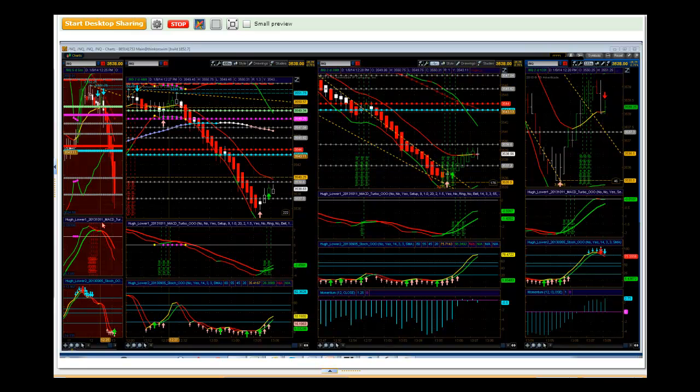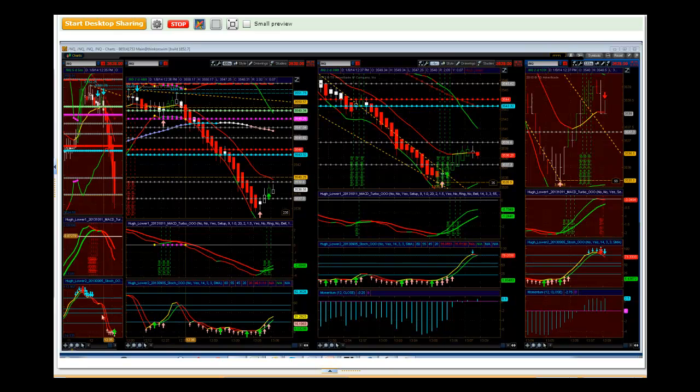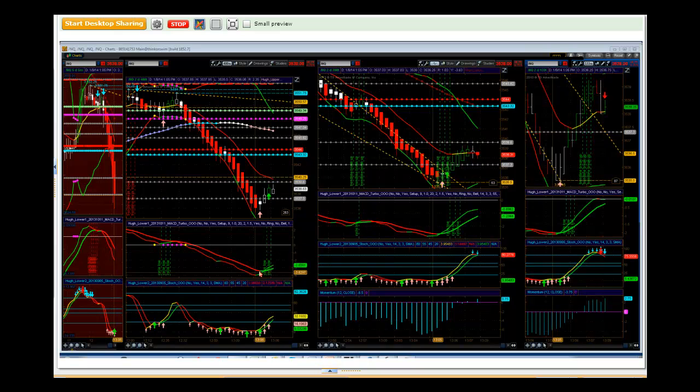Now right now, my anchor time frame is this far left chart, which is our 5-minute time frame. Our lower study indicators are hard down, but we're starting to flatten out here, and we have these set for customized settings. If you see these dots here, this is an indication of what we call a compression squeeze.